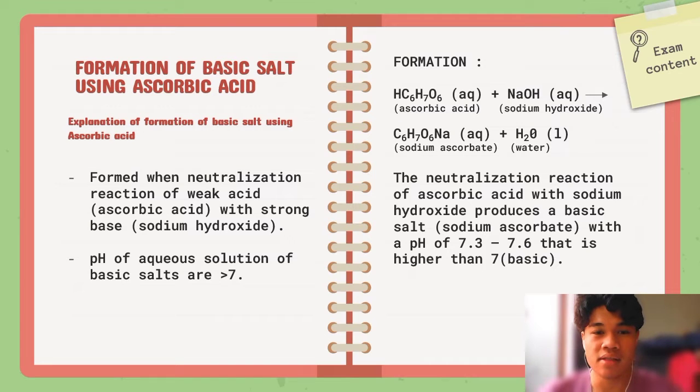When the ascorbic acid reacts with the sodium hydroxide, it forms sodium ascorbate and water. The neutralization reaction produces a basic salt, which is sodium ascorbate, with a pH of 7.3 to 7.6. That is higher than 7, which is a basic pH.